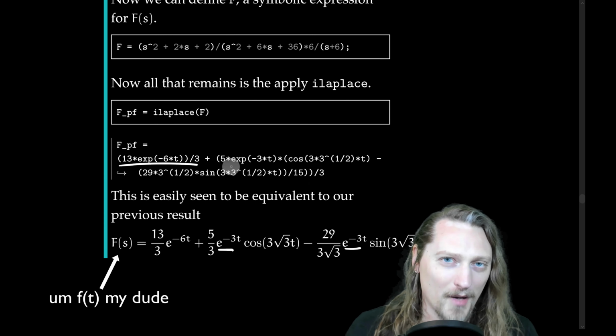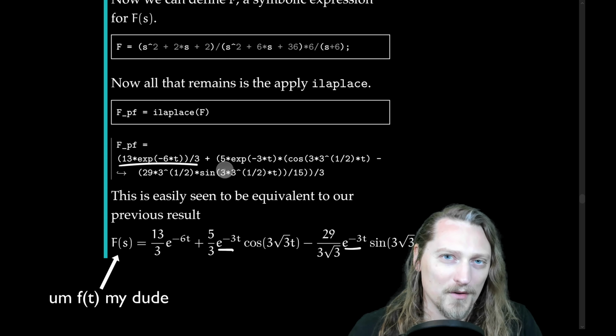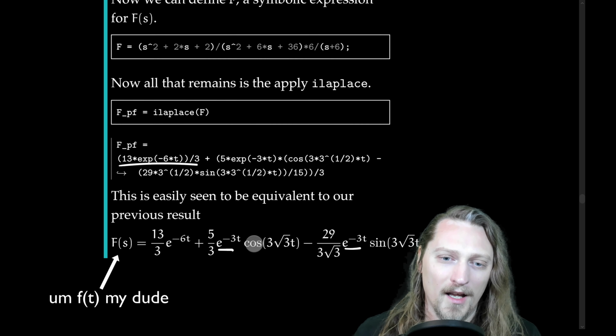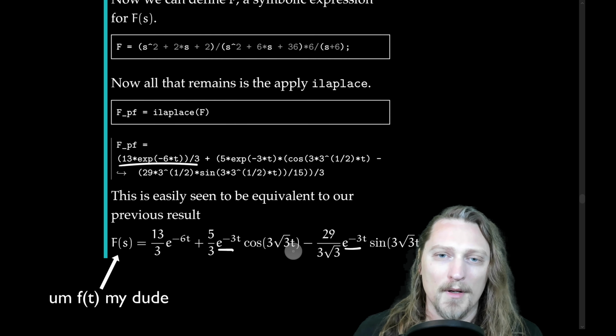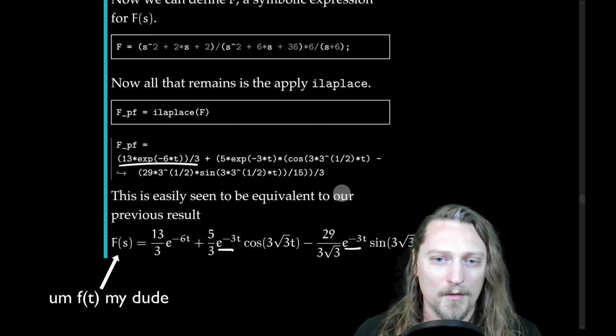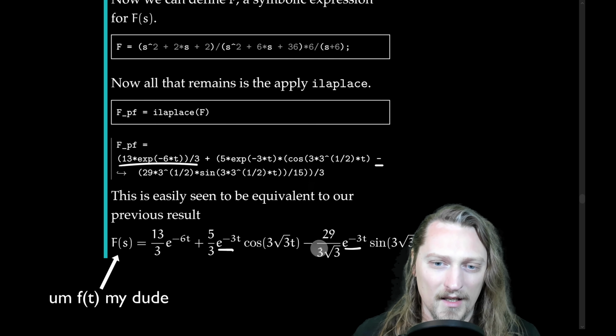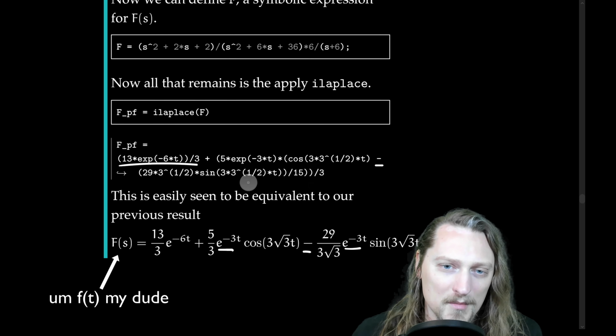This is one of the things with symbolic packages. You can't always choose what they're going to do. So on the inside then, you've got cosine 3 root 3t, sine 3 root 3t. That looks good. The sine has a negative sign. Good. And now it just comes down to the coefficients.